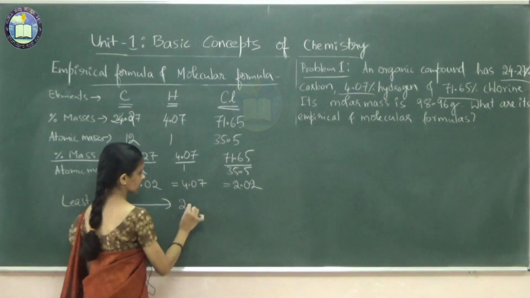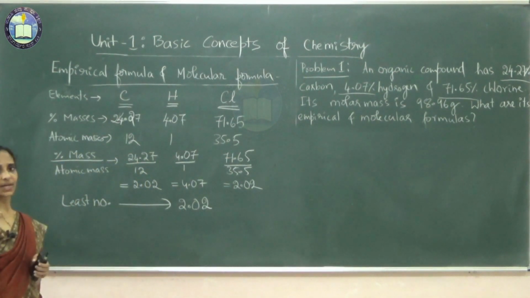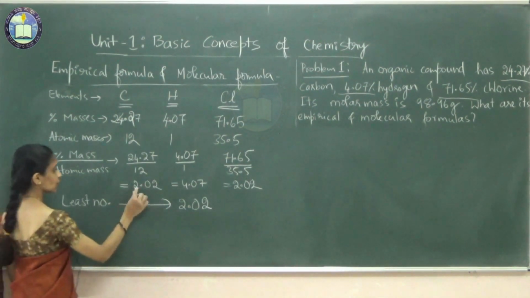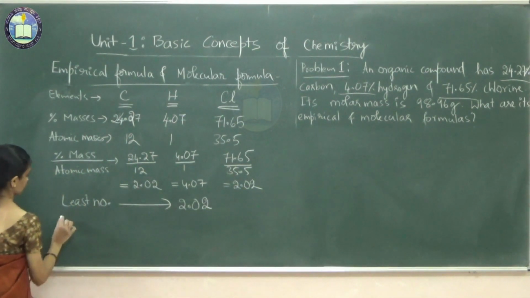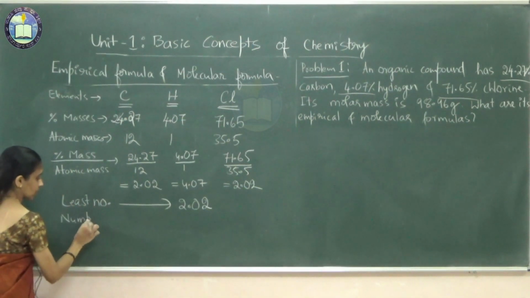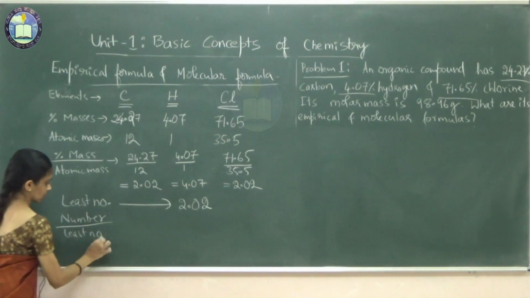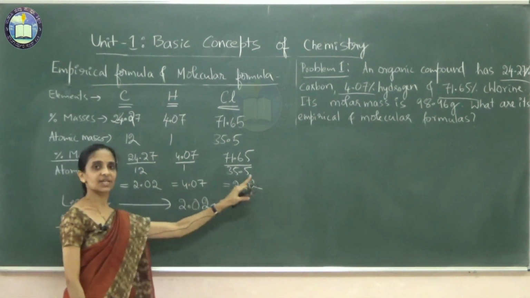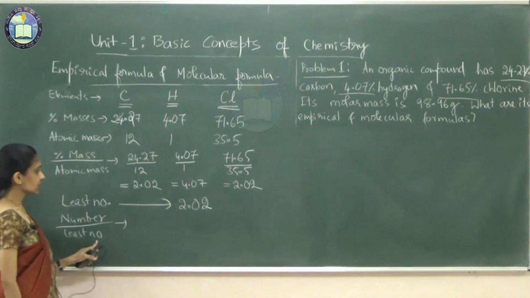So the least number is 2.02. It is written separately. And after that, you divide each and every number by the least number. So the next step is dividing each and every number that you have got here by the least number.